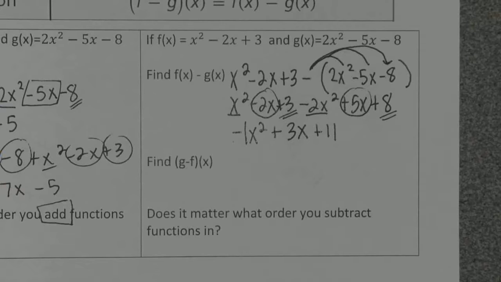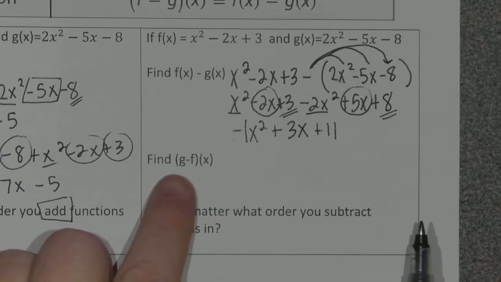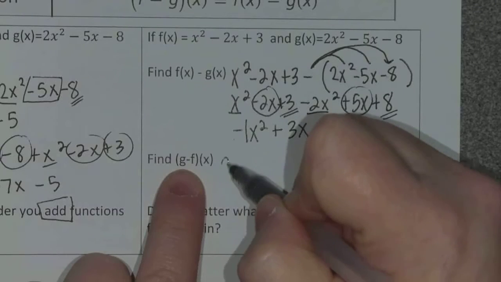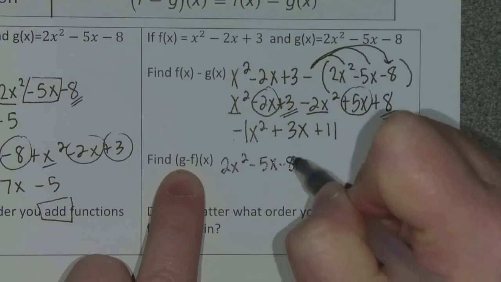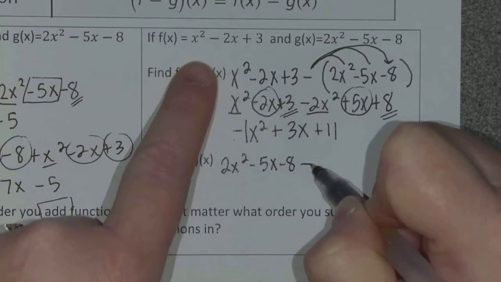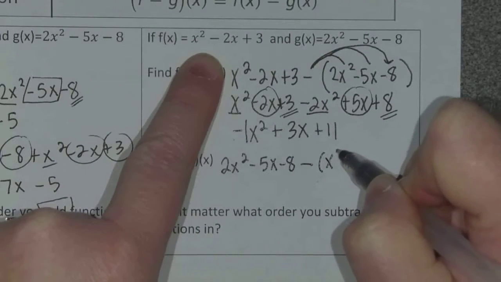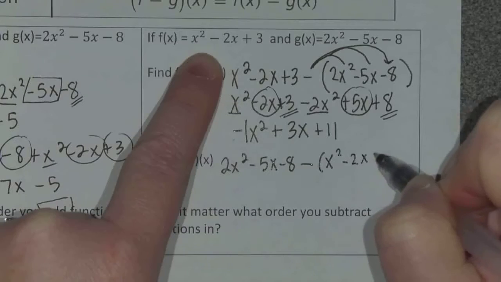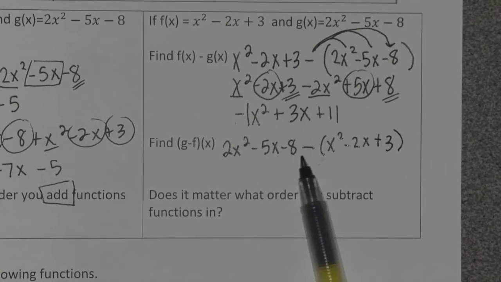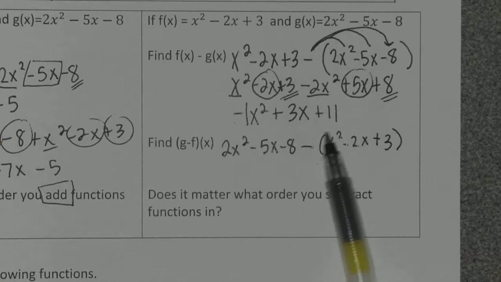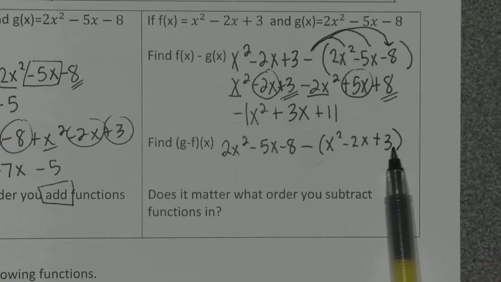Now we're going to do it in the opposite order to show that you don't get the same answer. So this time I'm going to take my g function, which is the 2x squared minus 5x minus 8, and I'm going to subtract the whole f function, which this time is x squared minus 2x plus 3. So what do I have to do with the subtraction to subtract my whole function?